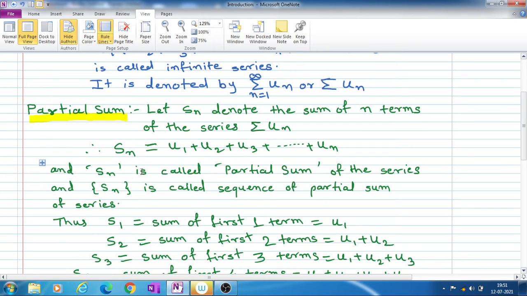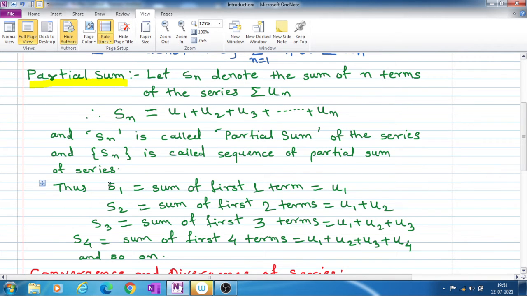If we write S5, it will be equal to u1 plus u2 plus u3 plus u4 plus u5. So it is the sum of some terms, so it is called a partial sum. See, if we write S1, what will be S1? S1 is the sum of the first one term, that is u1.